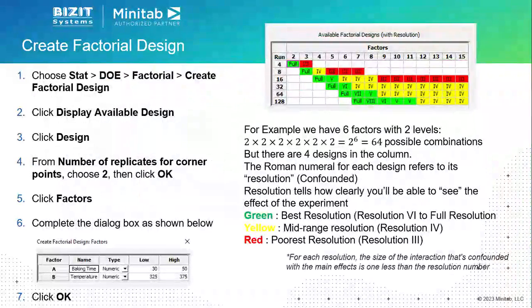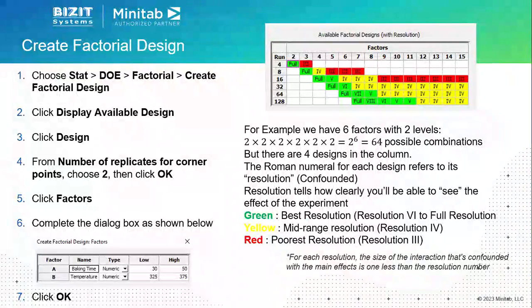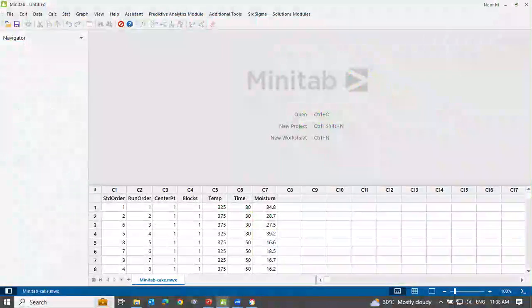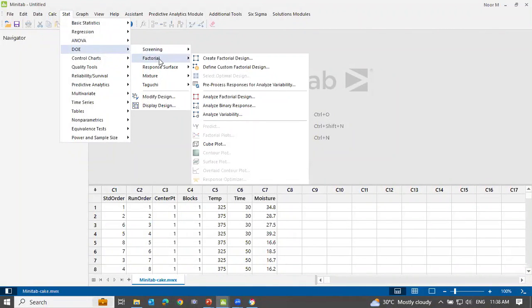So for this case, we try to create the factorial design using Minitab. No need to do it manually. As long as you have Minitab, you will use Minitab. You go to Stat, then DOE, and then of course factorial design.